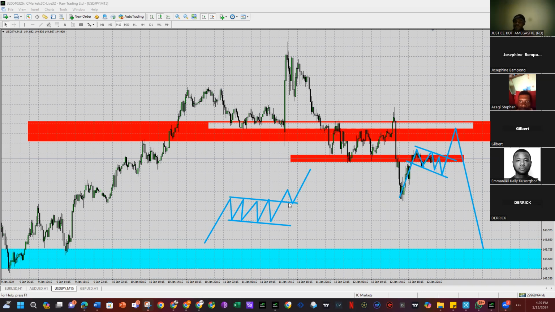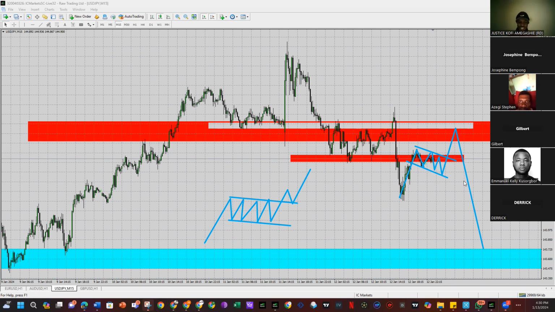So if you decide to be on that side, we explained clearly that we have both buyers and sellers in the market. If you decide to be a buyer, you would be picking the flag. But looking at the pips, or the amount of movement, for those who are going to be buyers and those who are going to be sellers, the sellers are going to have more pips compared to the buyers.